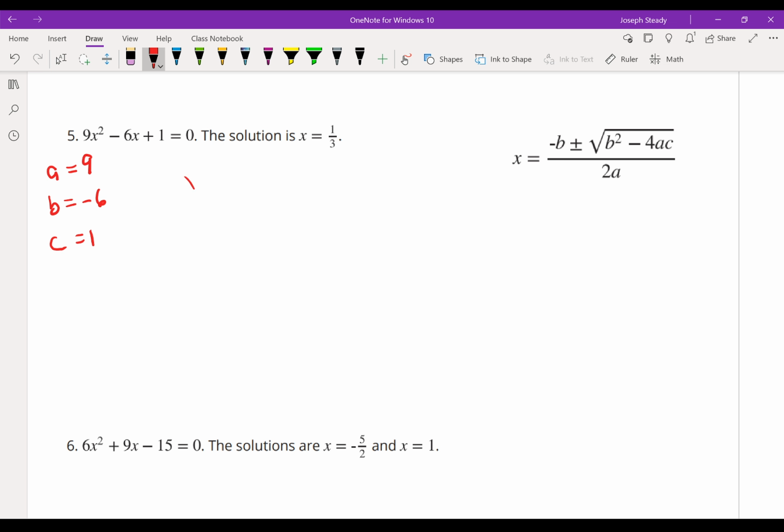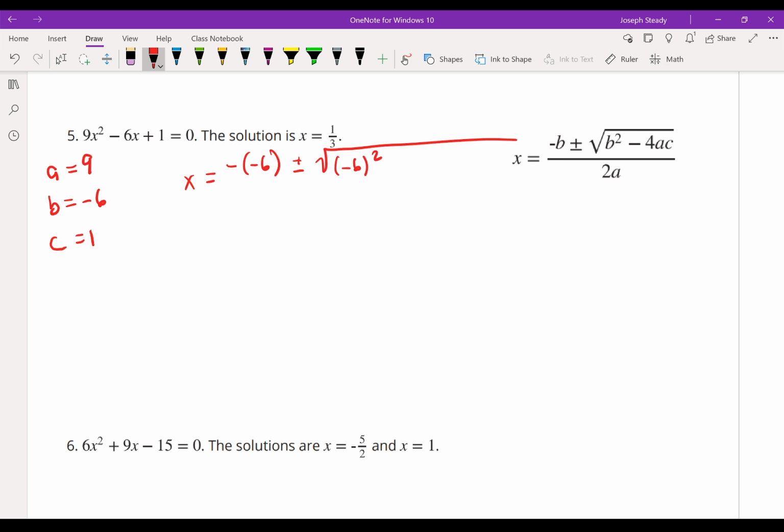So we go ahead and fill in the quadratic formula. X equals negative b, and b is negative 6. You can see here where the parentheses are helpful. Now I can see both those minus signs clearly. Plus or minus the big square root of b squared, so that's negative 6 squared. Again, these parentheses are very important. If you do not have those parentheses, you will not get the right answer when you type this into a calculator.